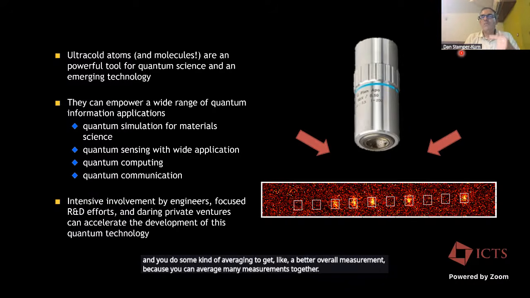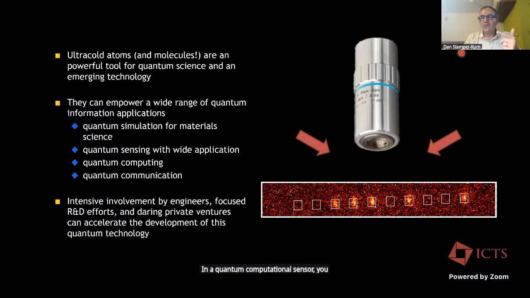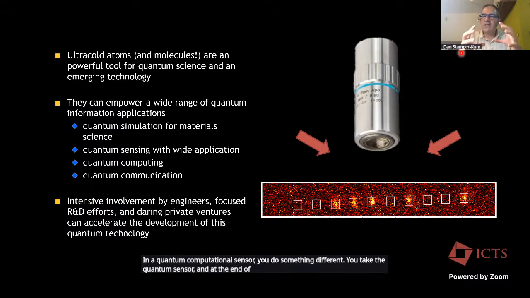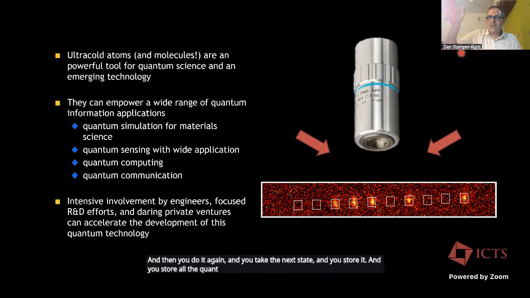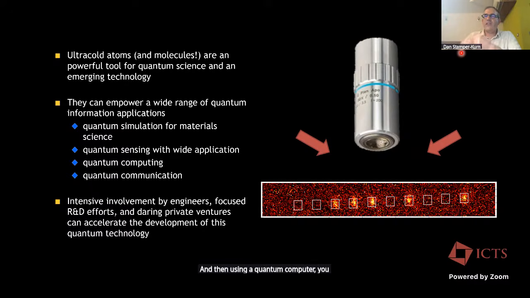In a quantum computational sensor, you do something different. You take the quantum sensor, and at the end of the sensing protocol, you take its state and you store it. And then you do it again, and you take the next state and you store it. And you store all the quantum states of the sensors. And then using a quantum computer, you process all that information.